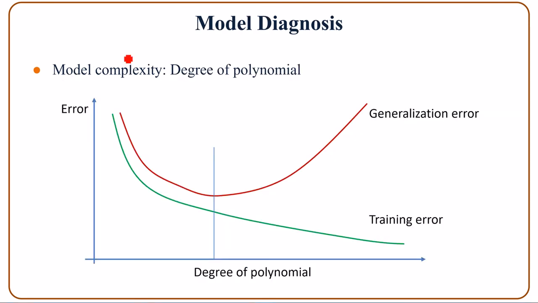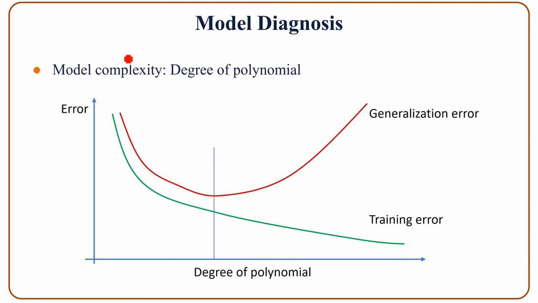Let's take the degree of polynomial as model complexity. With low model complexity, on the left side, we can see that both the generalization error and the training error are high. And then the error decreases as the degree of polynomial, or the model complexity, increases.